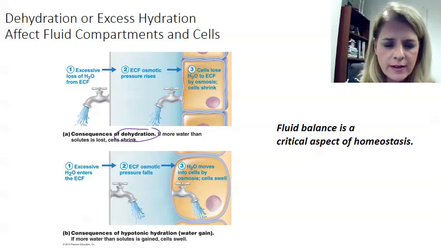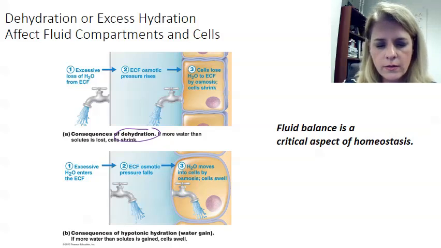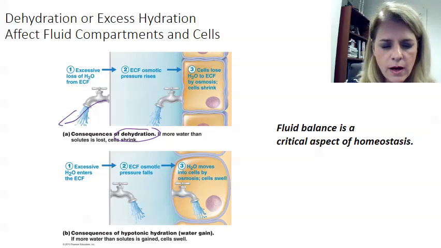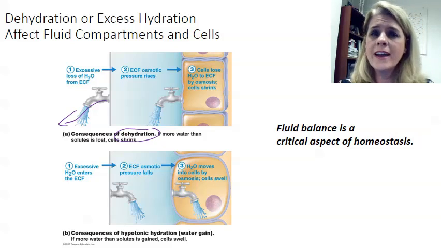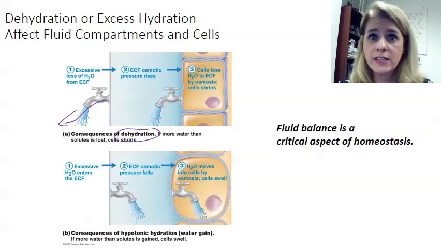So if you're dehydrating, as this water is leaving your body, you've got to keep enough water in your blood vessels to keep your blood pressure up, okay? Because the thing that we want to do is keep our heart and our brain alive. We need to have enough blood pressure, enough blood in our blood vessels to keep our heart and brain alive. So if you're losing water to the environment and you're not drinking, you're dehydrated, there's got to be some way to get water into the blood vessels.